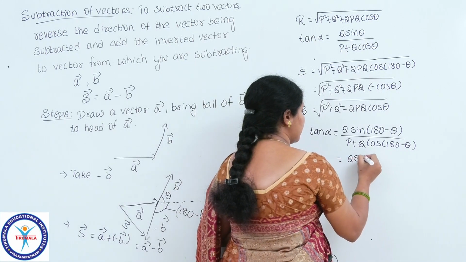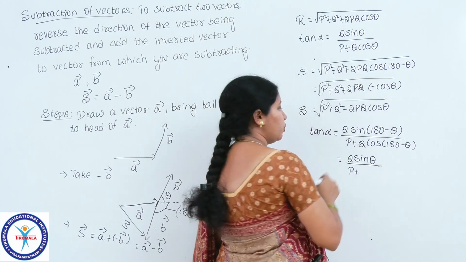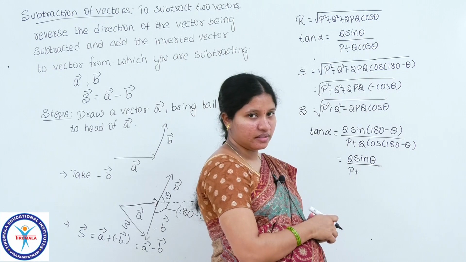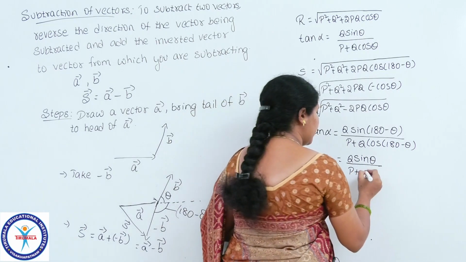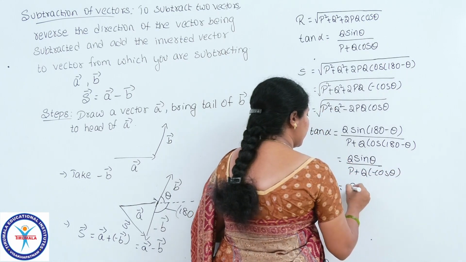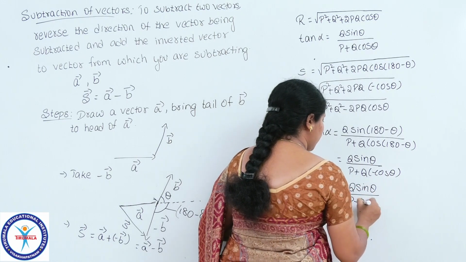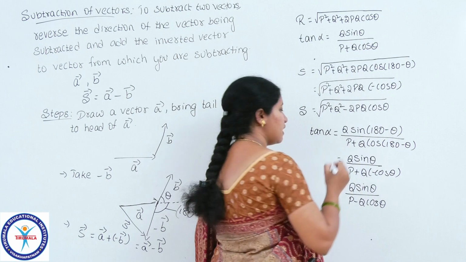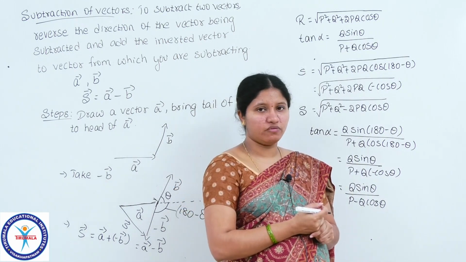So, Q sin theta by P plus Q into cos of 180 minus theta. Cos of 180 minus theta is minus cos theta. So, we get Q into minus cos theta, that equals Q sin theta by P minus Q cos theta, which is the direction of the resultant in the case of subtraction of two vectors.